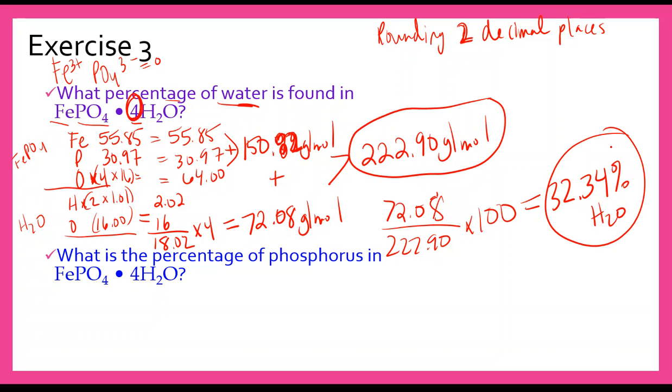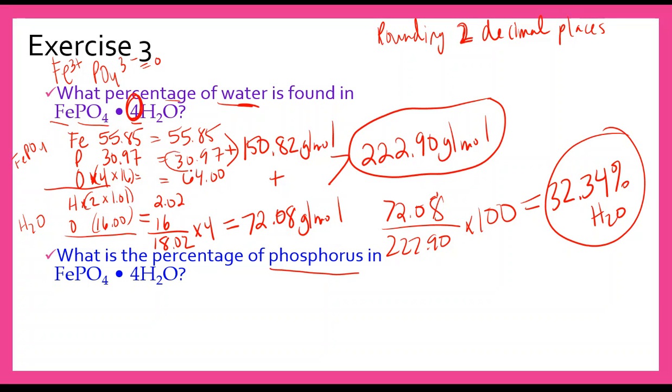You might want to go ahead and check my math and make sure I calculated that right, because like I said, I can punch numbers as badly as anybody else and make mistakes. Now that we have completed the water part, usually for a hydrate they like to ask about the water, but they could ask about other elements too, like phosphorus.